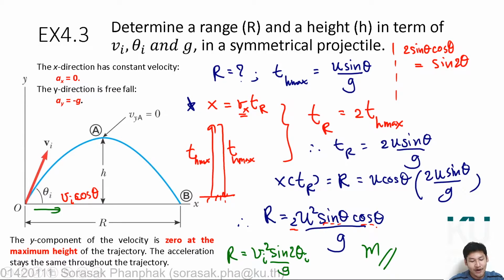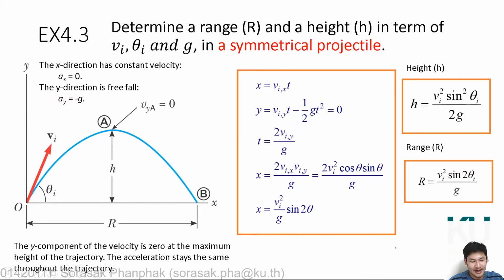And this is how you find the height and range. Before, we did some derivation on this part to determine the x, that the particle is moving along, or y, that the particle is moving upward, with the relation of time.